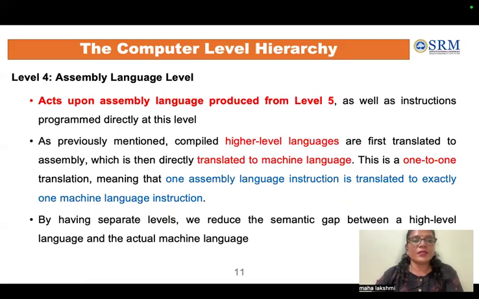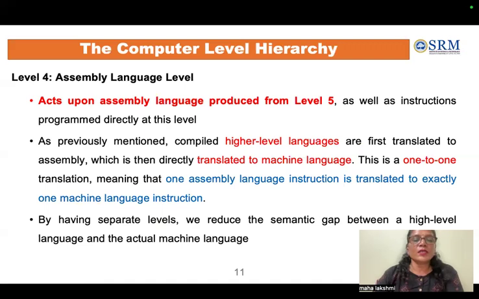Next, level 4, if you consider, is the assembly language level. The assembly language level is produced from level 5, as well as from instructions programmed directly at this level. We will be programming the instructions at this level 4. And as mentioned, compiled high-level languages are first translated into assembly level languages, which are then directly translated into machine level language.